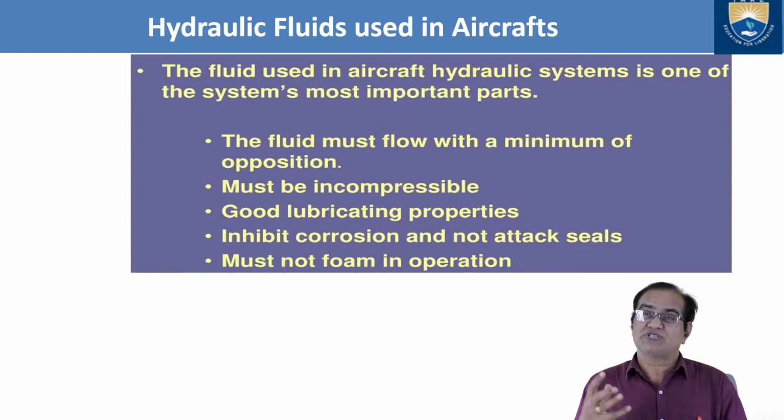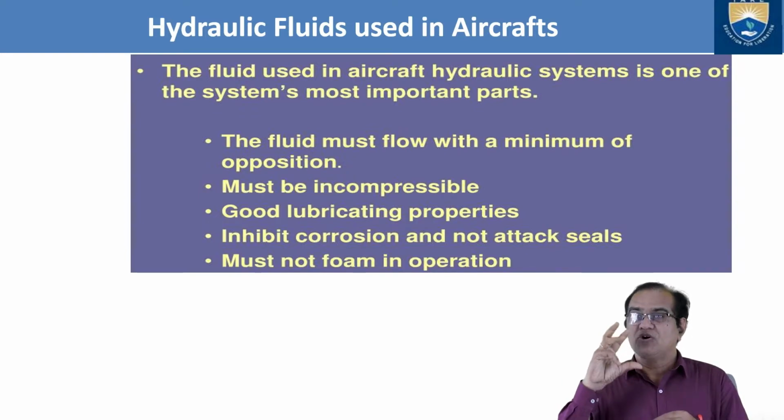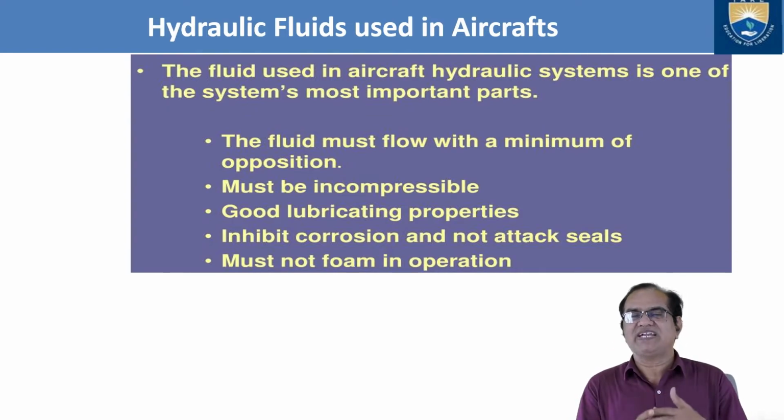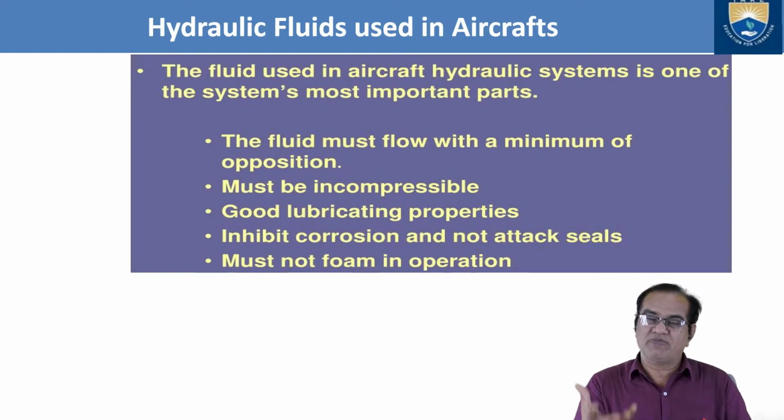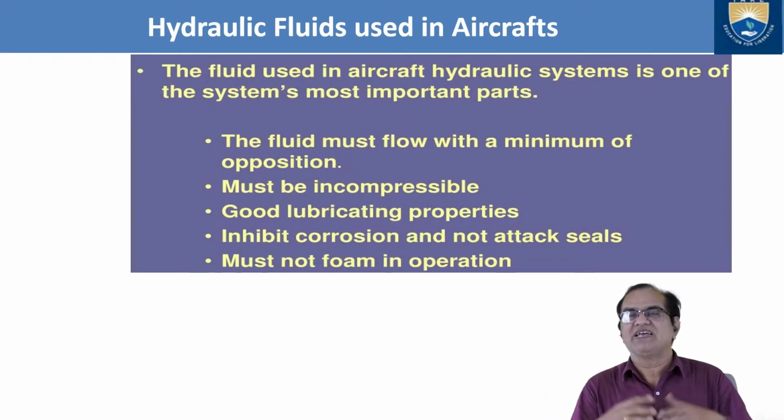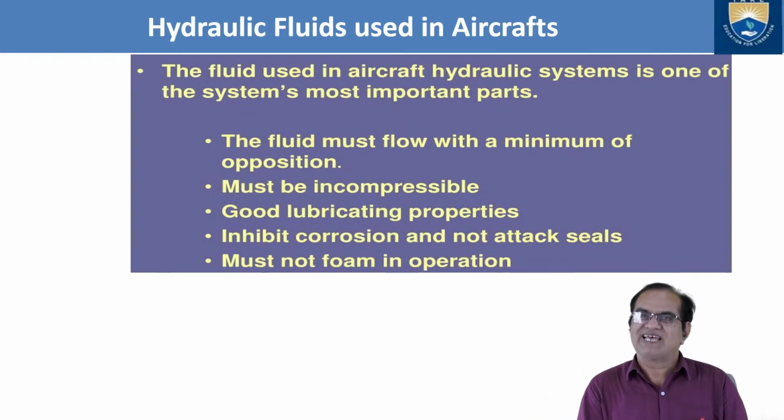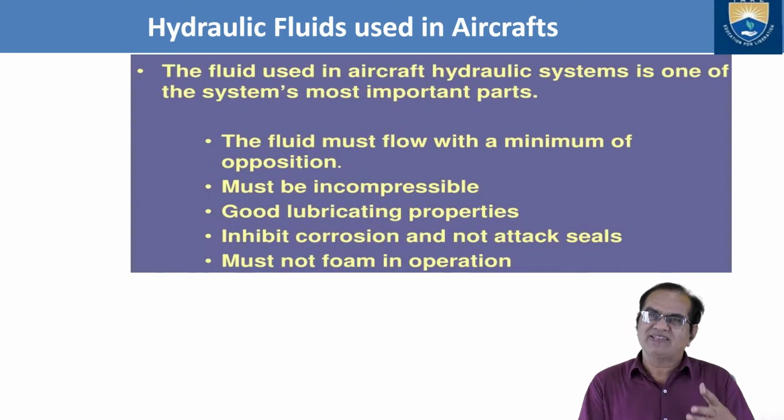The rubber seals inside the system should not react with your fluid, so that the life of the rubber seals is maintained high. And it must not foam in operation, meaning as and when it is pressurized, foam should not generate in the system. So these are the other properties which any hydraulic fluid should have.